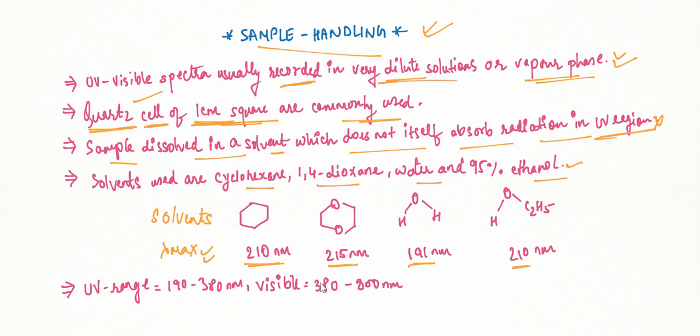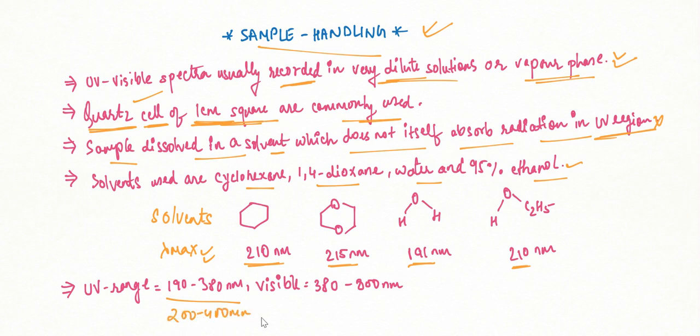So basically, guys, we can very safely observe our UV-visible spectrum, because the UV range is 190 to 300 nanometer, or if you want to remember it nicely, you can also write 200 to 400 nanometer.